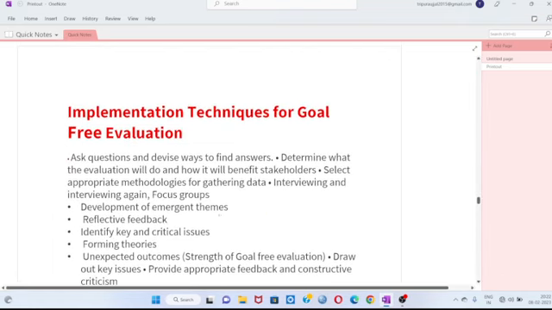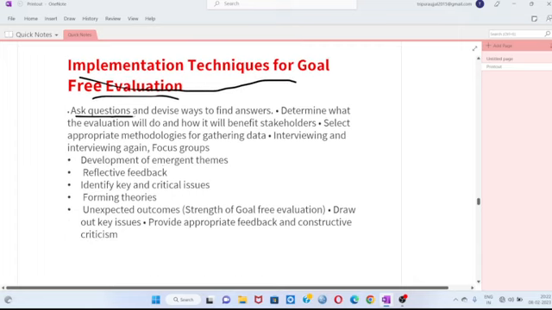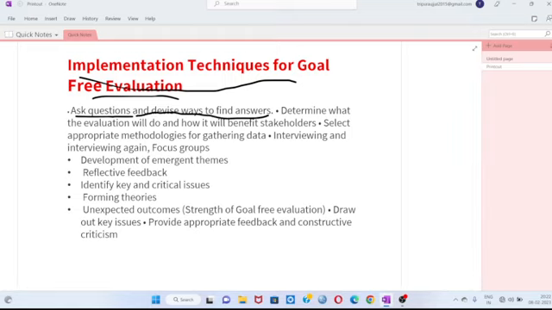Now the implementation technique of this. How to implement this? They ask questions and devise a way to find the answer. If you ask questions, you will find the answer. Determine what the evaluation will do, how the beneficiary is affected, and select an appropriate methodology for gathering information and interviewing.